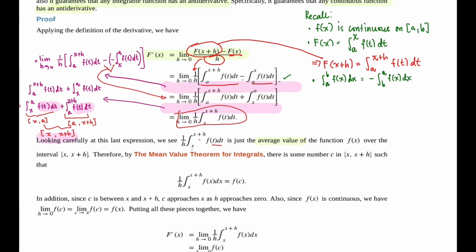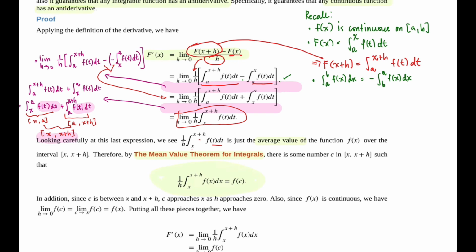So therefore, by the mean value theorem for integrals, there is some number c such that this is true.